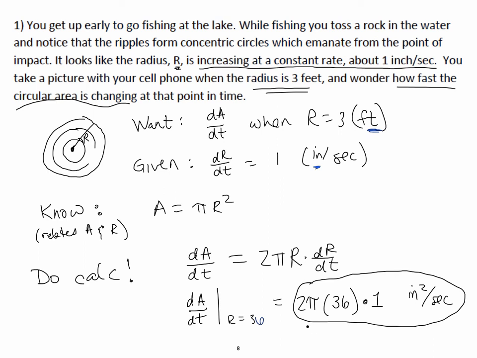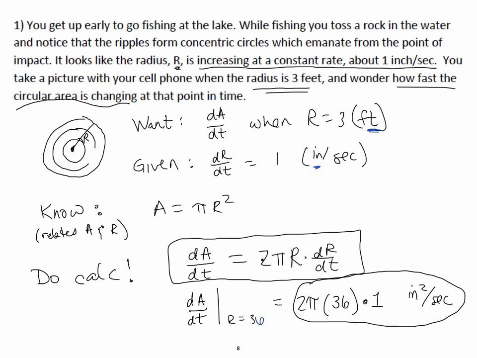So all of that's important, right? Because notice this formula right here tells us explicitly that the rate of change of area will be different depending on how big the radius is, because radius is in this formula. So it absolutely matters at what moment in time you are looking at this scenario, because it's going to change.